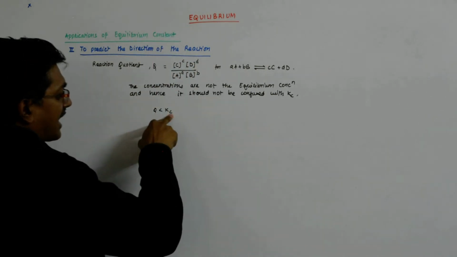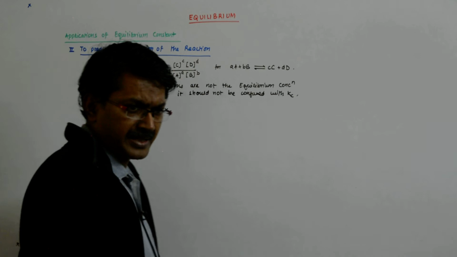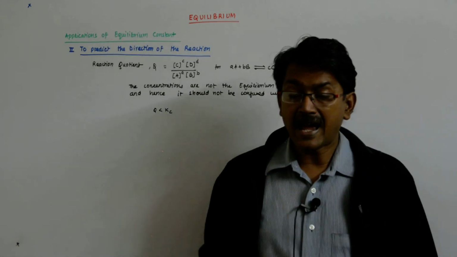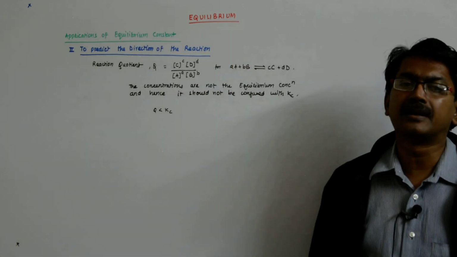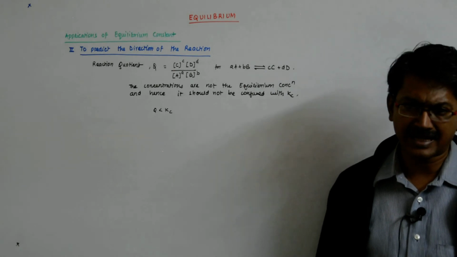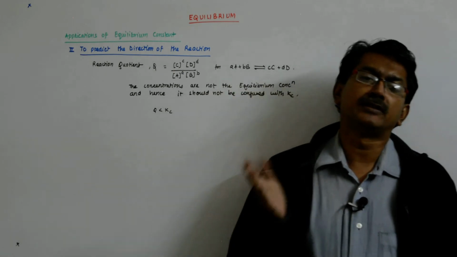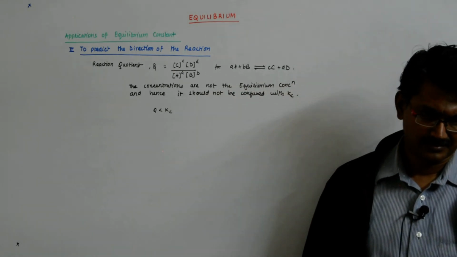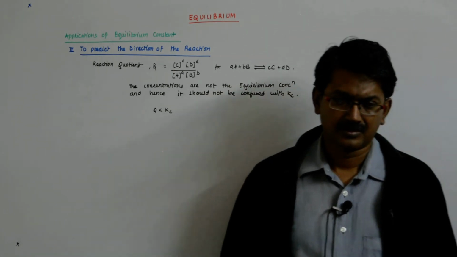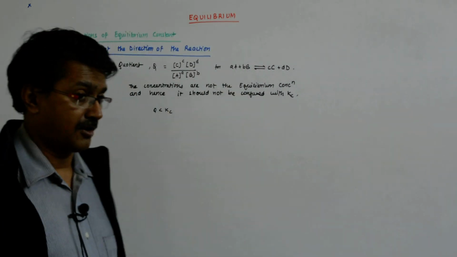Why? Because it has to tend to Kc after some time in the steady state. So from the point when you sampled the reactants and the products, it will move in the forward direction.